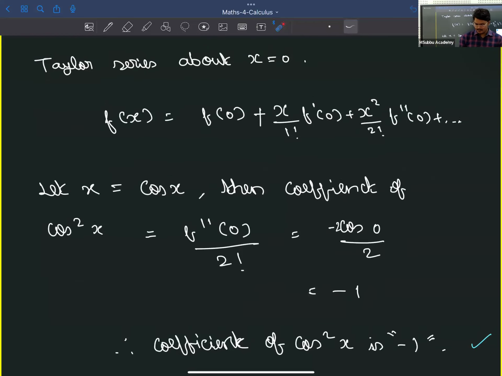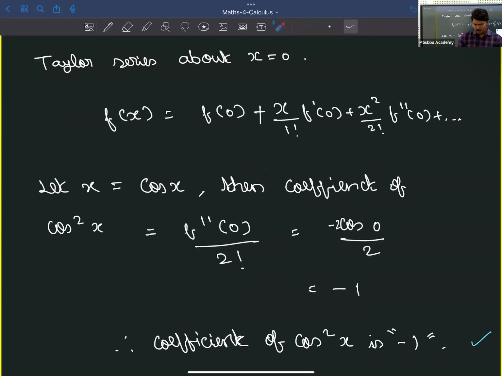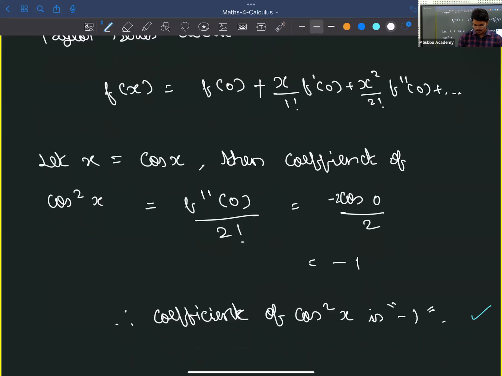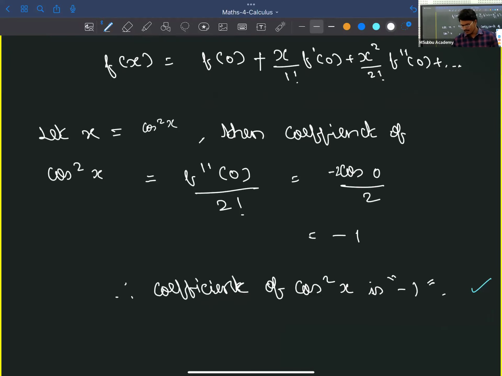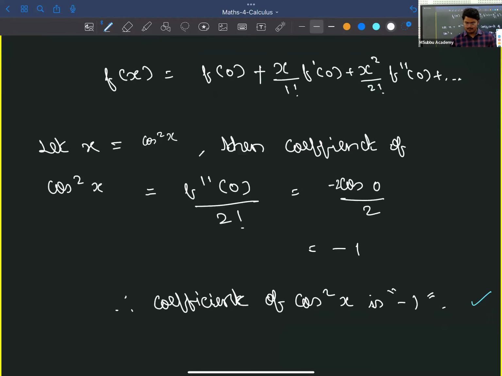Let us take cos square x. One minute. So when we take cos square x, as the student asked, we need the coefficient of x square term here.